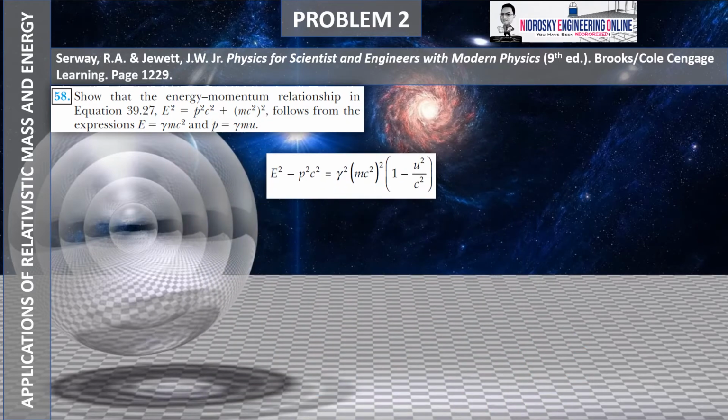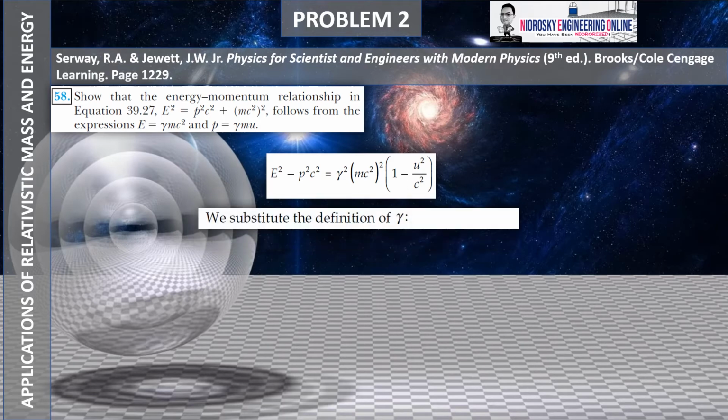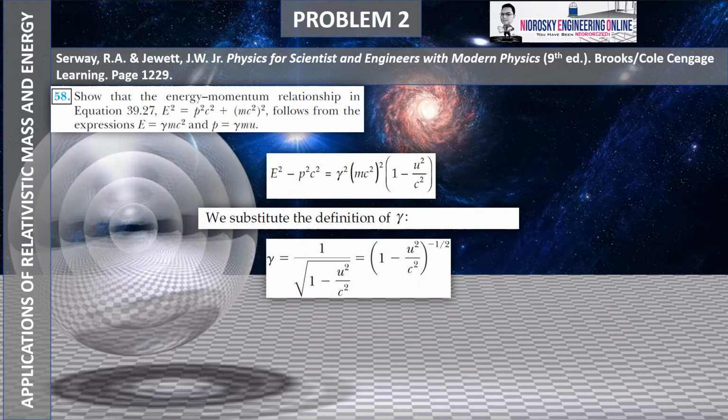So, what is the value of that particular factor gamma? We substitute the definition of gamma now. Don't forget that gamma is just the value of unity over the square root of 1 minus u squared over c squared. So, in a more depictive equation, it is the quantity 1 minus u squared over c squared, all raised to negative 1/2.